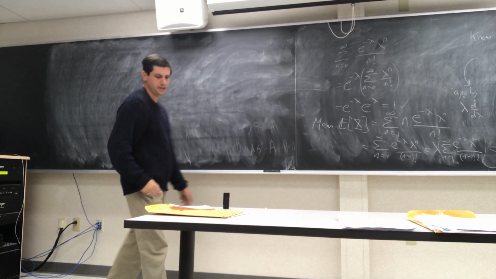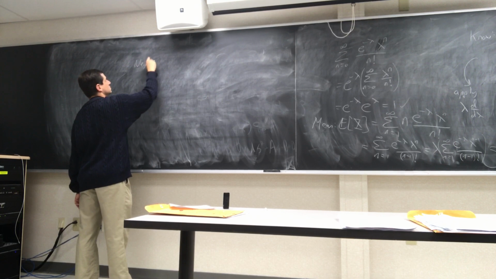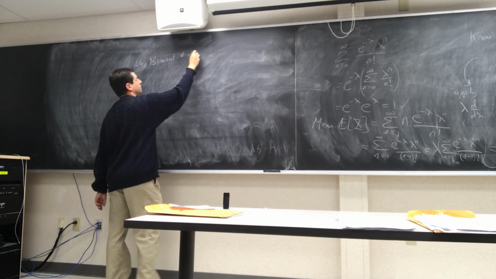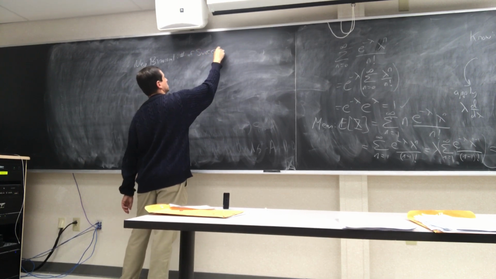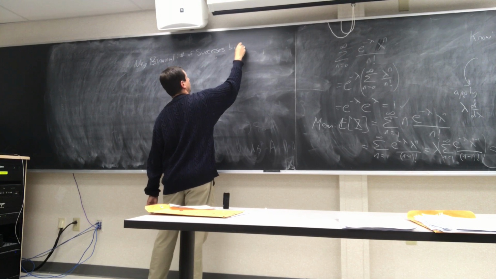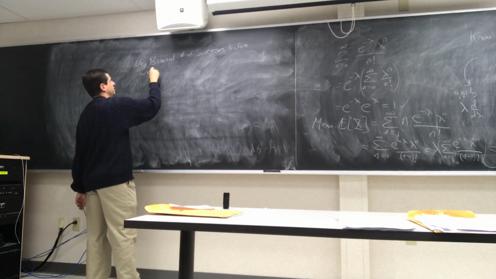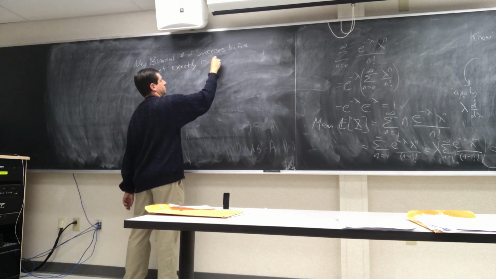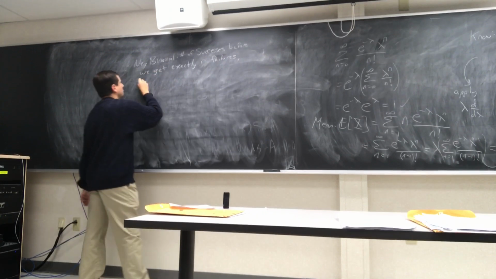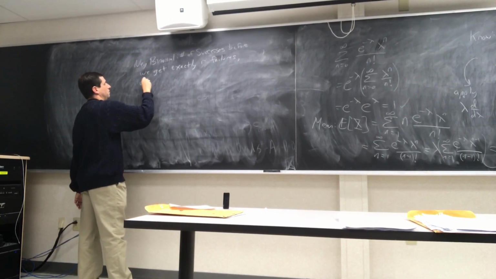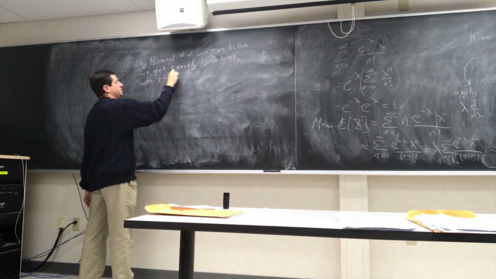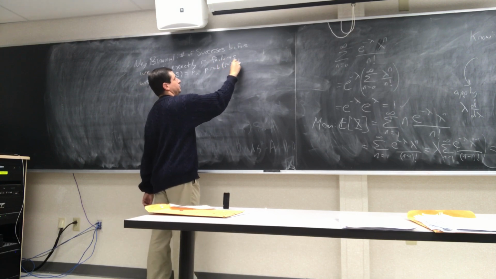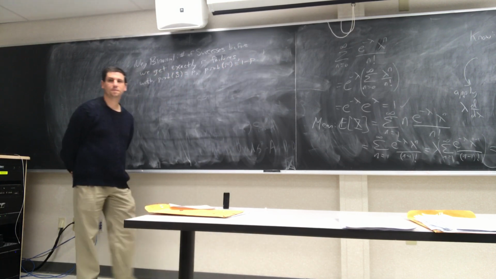So what I want to do is negative binomial. So the number of successes before we get exactly r failures, with probability of a success equals p, and the probability of a failure 1 minus p.